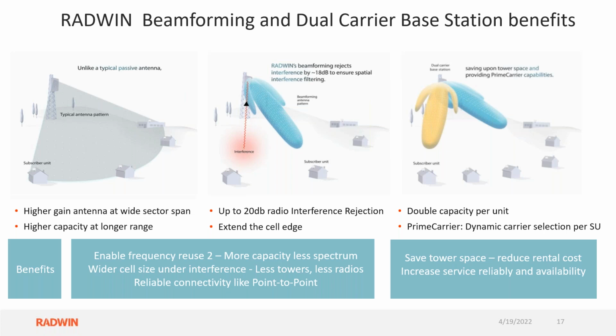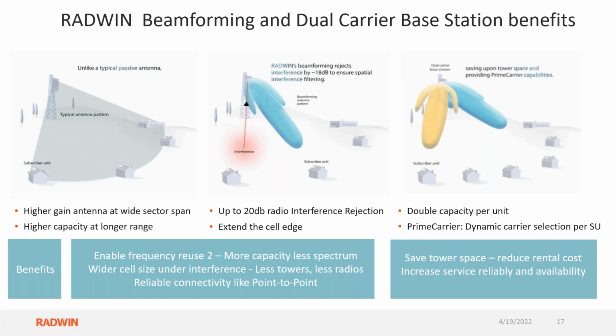If you've got a wide antenna pattern like you see on the left, like in a passive antenna, what tends to happen is, if you've got a subscriber unit, let's say down on that bottom left, that's transmitting, and there's interference in there somewhere from another station, that entire antenna pattern is going to get affected, because all those subscribers are seeing that same wide pattern.